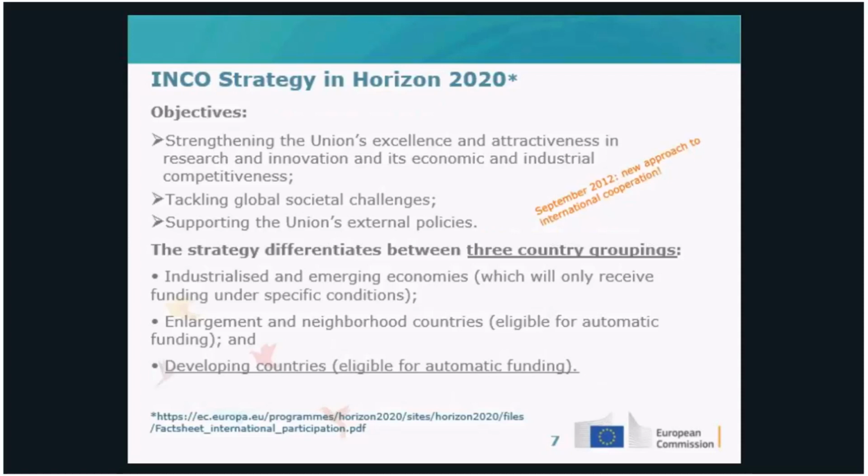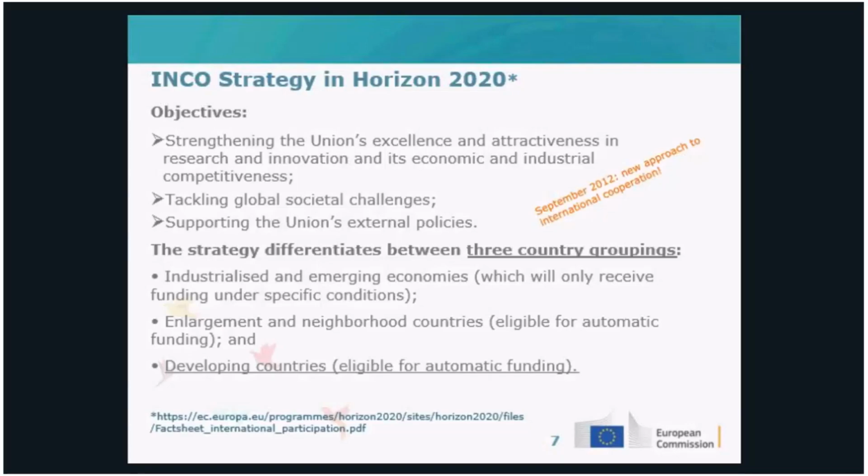A few words about the INCO strategy, the International Cooperation strategy, as it's called. It was adopted at the beginning of the program in 2012, and more or less gives the objectives of what Horizon 2020 will support in terms of international cooperation. Based on the identification of country groups come the possibilities for either automatic or non-automatic funding.